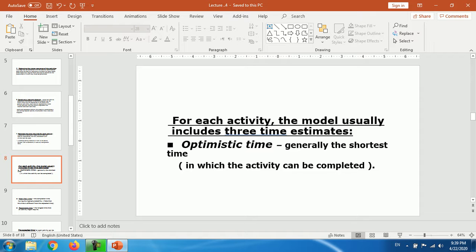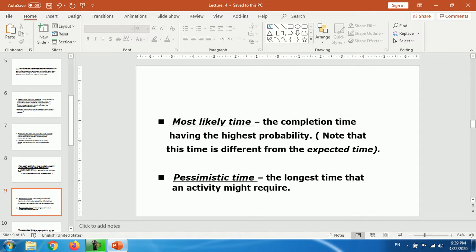For each activity, the model usually includes 3 time estimates. Optimistic time, generally the shortest time in which the activity can be completed. Most likely time, the completion time having the highest probability.